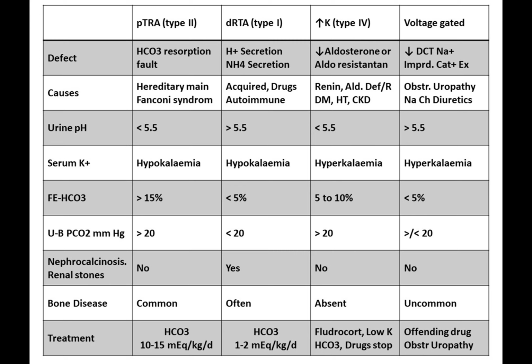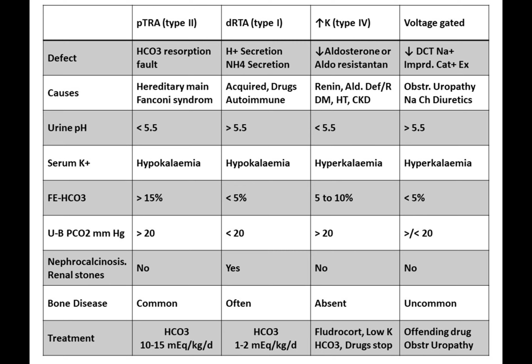Nephrocalcinosis is a feature of distal RTA, and renal stone formation is a feature here which is not there in the other three. Bone disease is very common in proximal RTA, because the same carbonic anhydrase problem also exists in the bone also. Maybe they're here, absent in case of hyperkalemic type 4, very uncommon here. So this is another way. How do I treat?